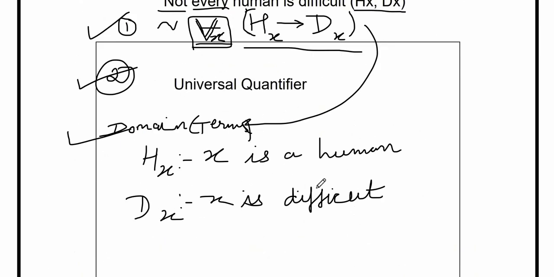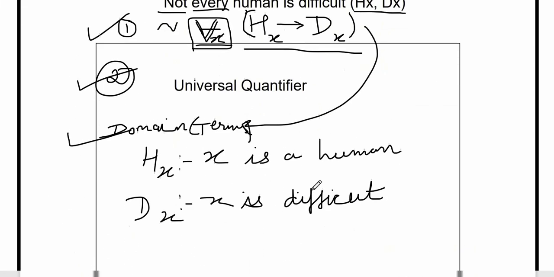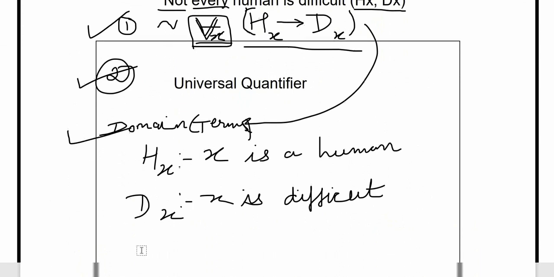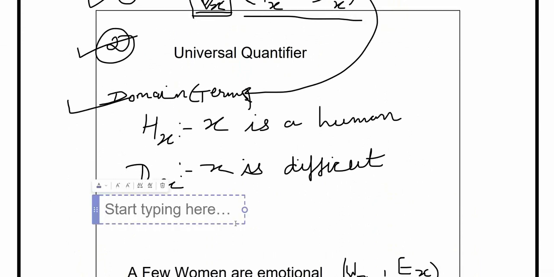Alright. Next, let's look at the first part. Not every human is difficult. For this also we can write down our statement.